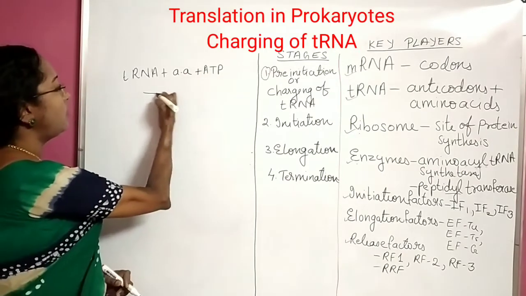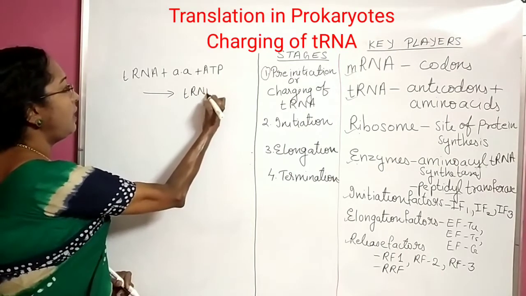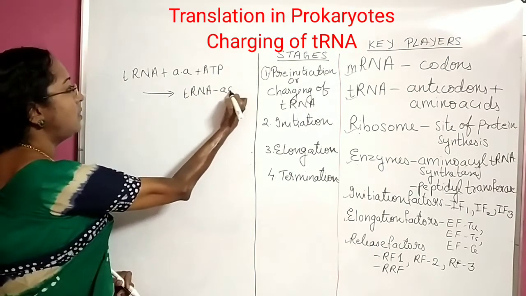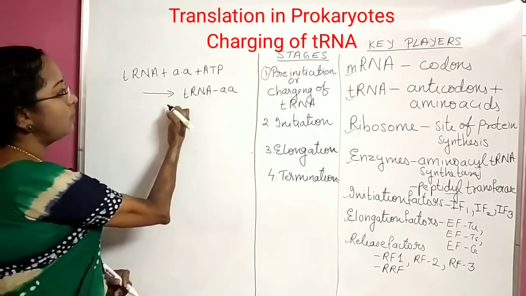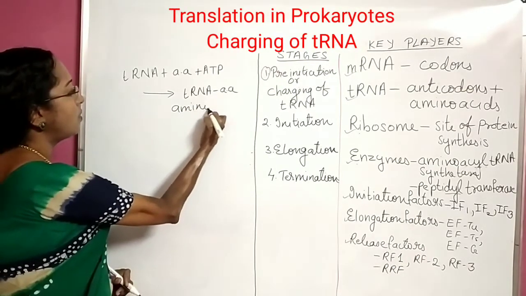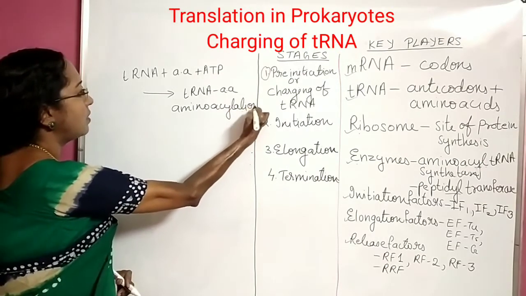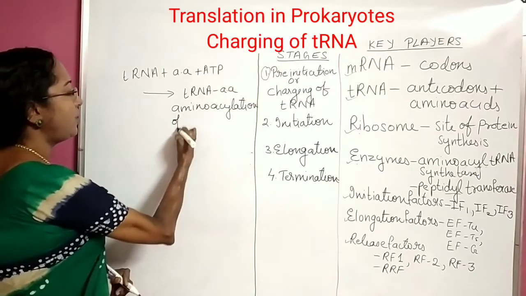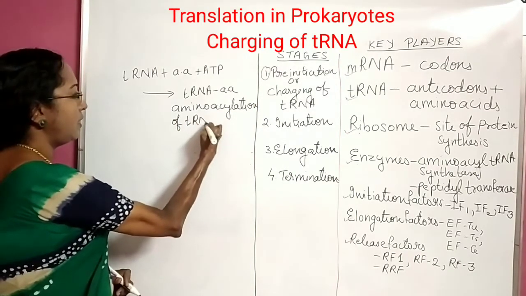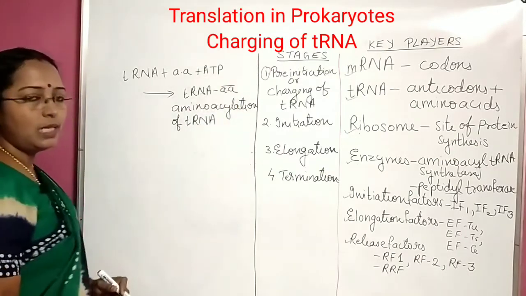Ultimately what is produced is a tRNA linked with the amino acid. You call this whole process aminoacylation of tRNA. That means tRNA is added to an amino acid.